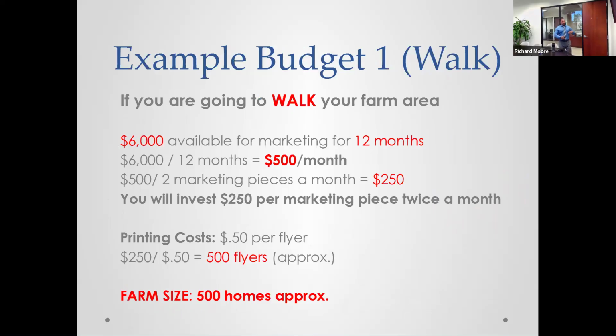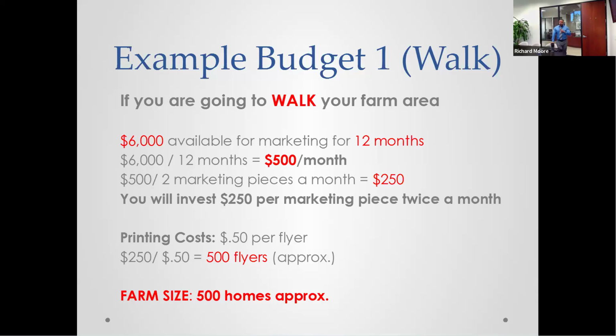So here's an example. In this example, we're going to walk our farm. We need to figure out how many homes we can afford to market to based on our budget. My budget is going to be $6,000 for the year. That's how much I'm allocating towards my marketing. That gives me $500 a month to market.